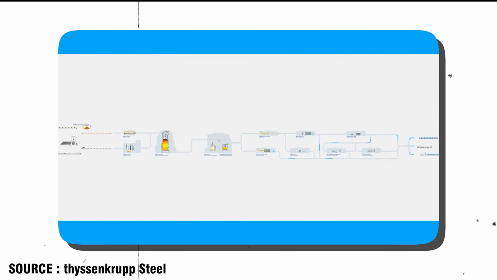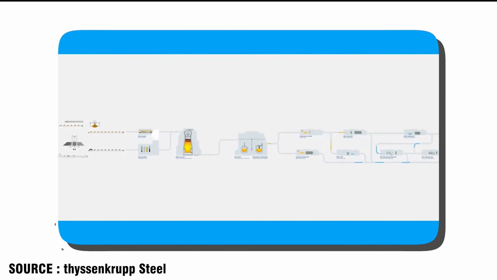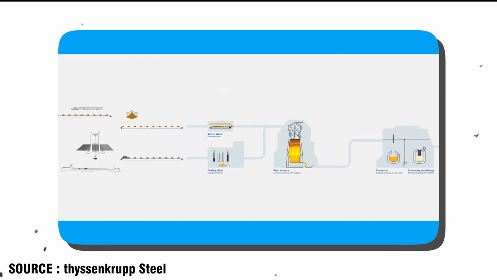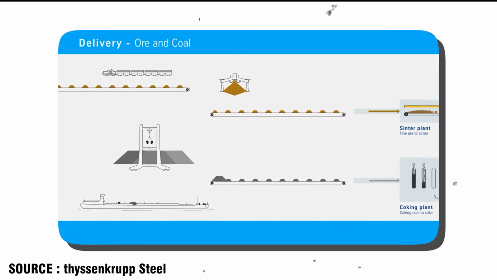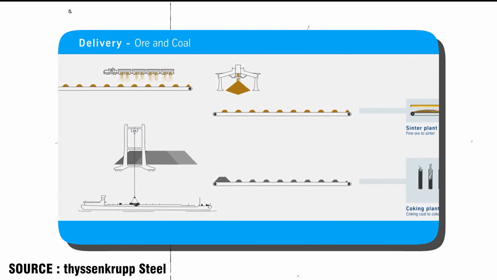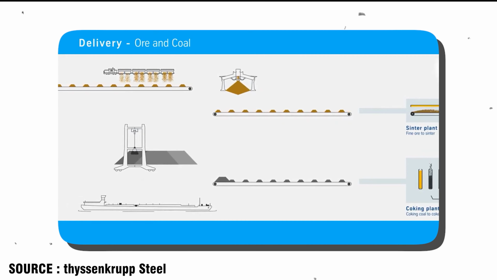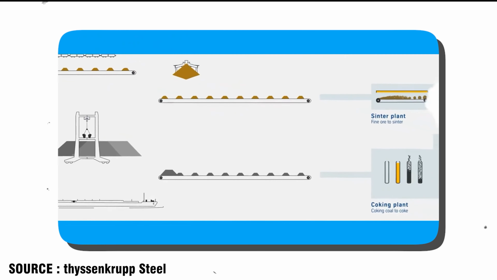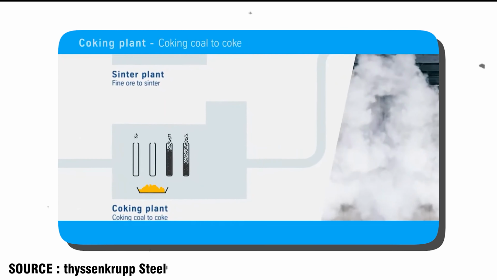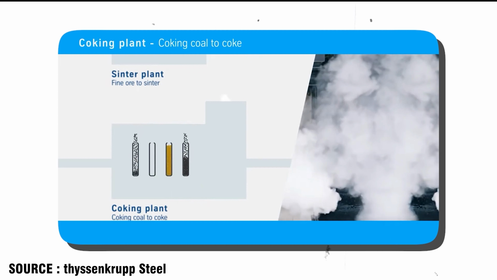Our iron and steel mill is like a giant machine. We produce flat carbon steel here around the clock, 365 days a year. This requires iron ore, coal and other raw materials delivered by ship or rail. The coal first enters the coking plant and is baked at a high temperature for 25 hours.